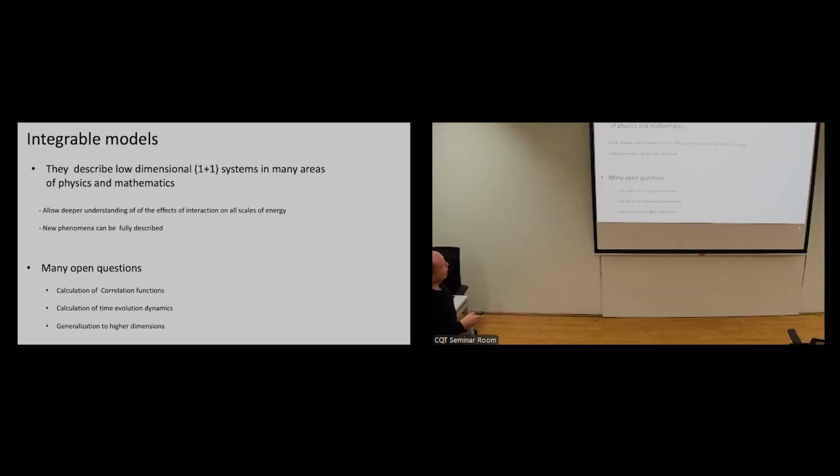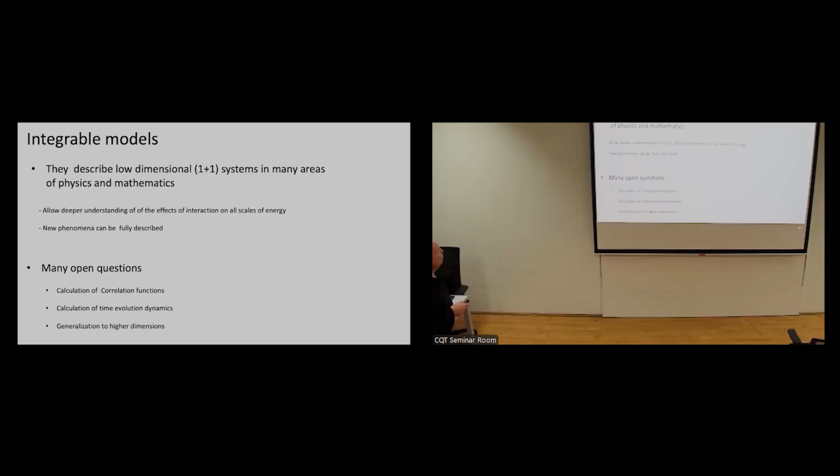So this is an example of an explicit physical model that you can solve. And that shows that integrability is not just a mathematical toy, as people have believed, but rather describes a physical system. So integrable models in general can describe 1+1 dimensional systems in many areas of physics and mathematics.